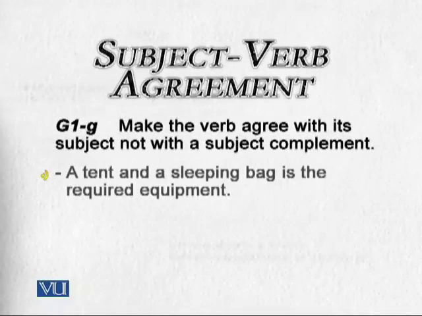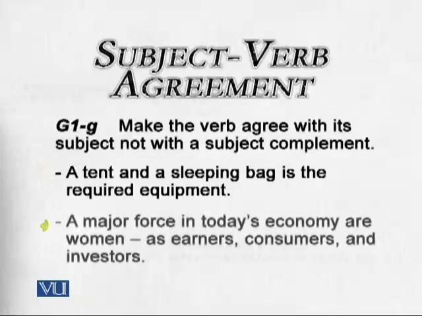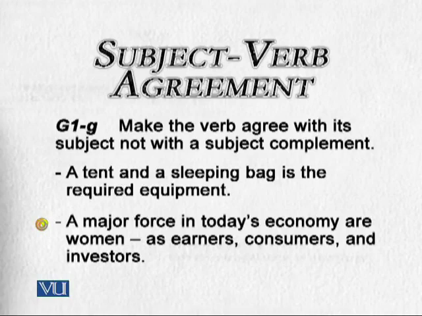Like the example, a tent and a sleeping bag is the required equipment. The second example, if you see, a major force in today's economy are women as earners, consumers, and investors. Let me explain the second sentence. A major force in today's economy are women.